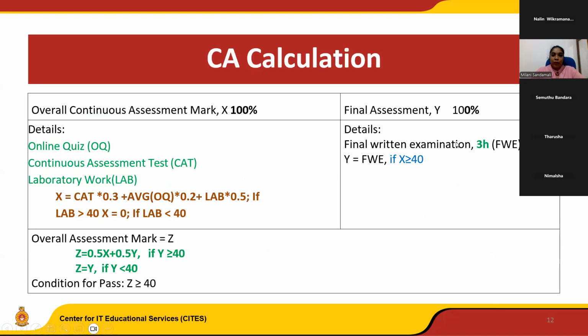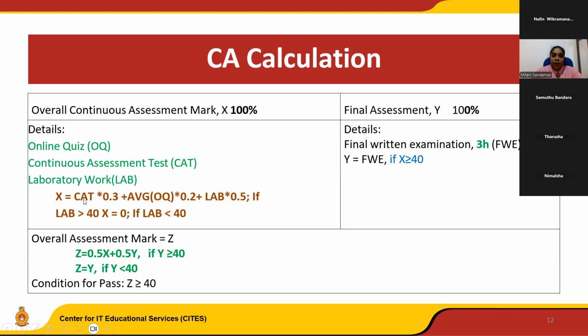So the most important part is how we calculate continuous assessment marks. So we'll discuss it. Your final marks here, which we call X, will be calculated using this formula.